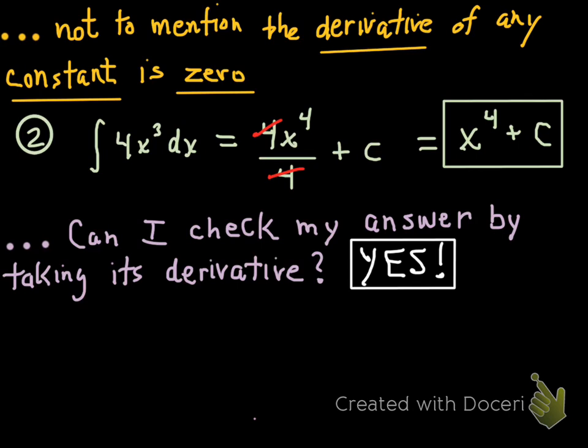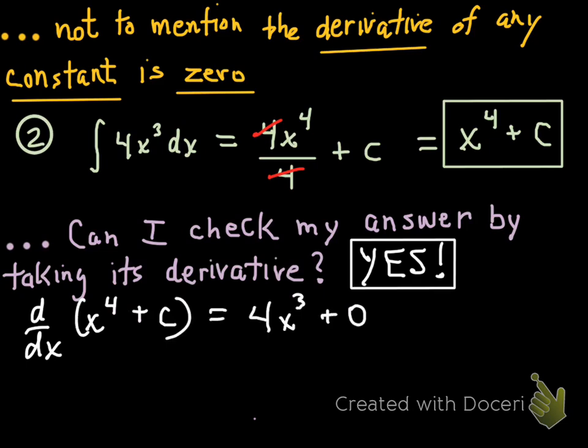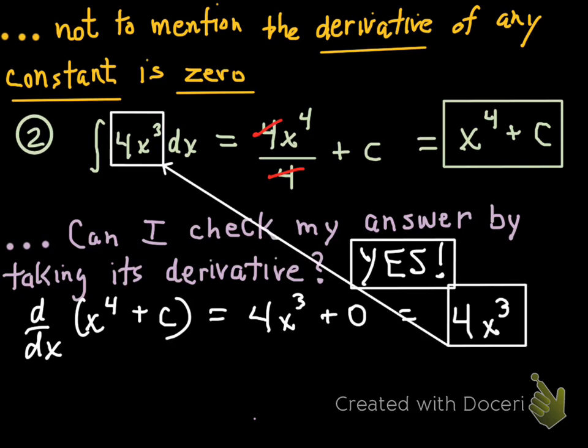So if you took the derivative of x to the 4th plus c, you'd get 4x cubed. Notice 4x cubed is the integrand you begin with. When you take the derivative of x to the 4th plus c, you get 4x cubed plus the derivative of the constant, 0. You get 4x cubed. Notice that is the same as the integrand we begin with.